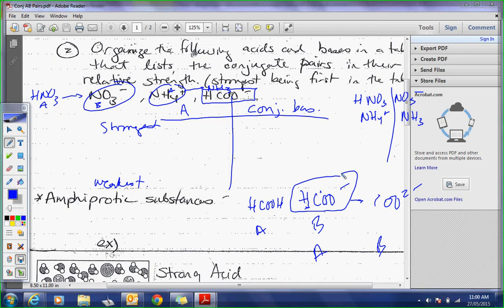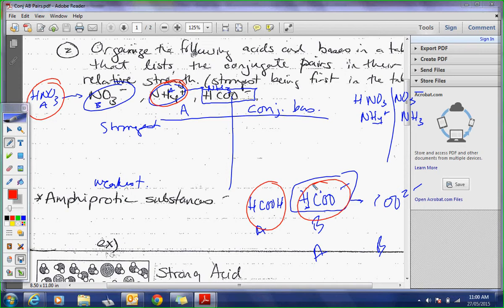Okay, now list them in order of strongest to weakest. Can you find your strongest acid on that muddled mess there? Do you think nitric acid, ammonium, methanoic acid, or that ion is going to be your strongest acid?